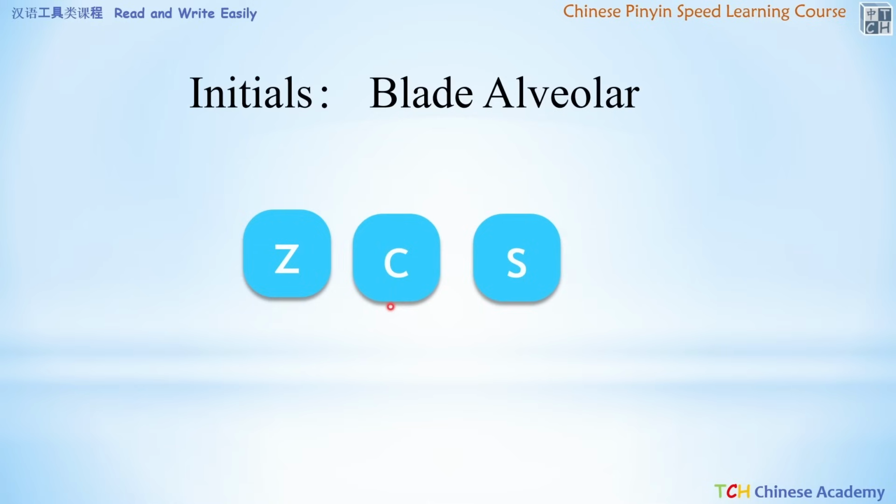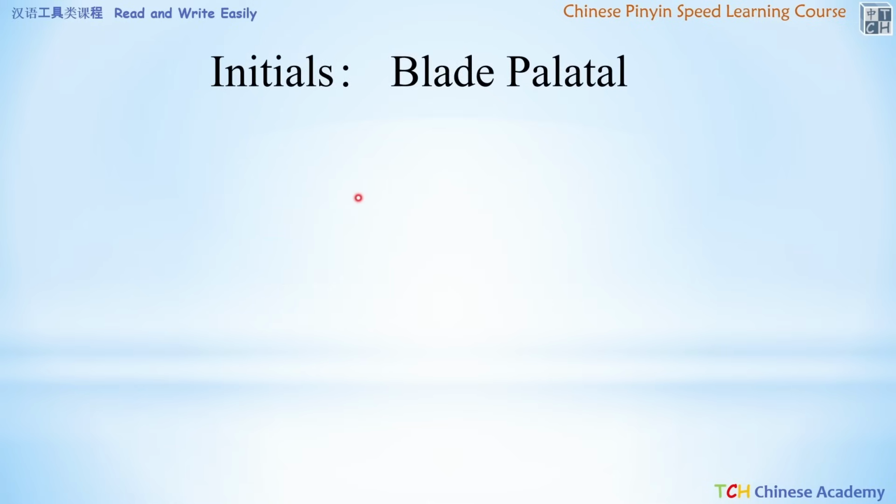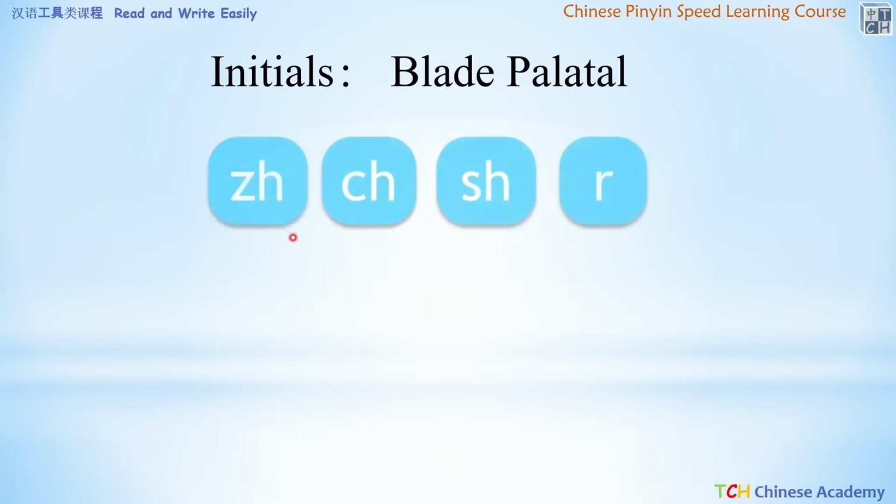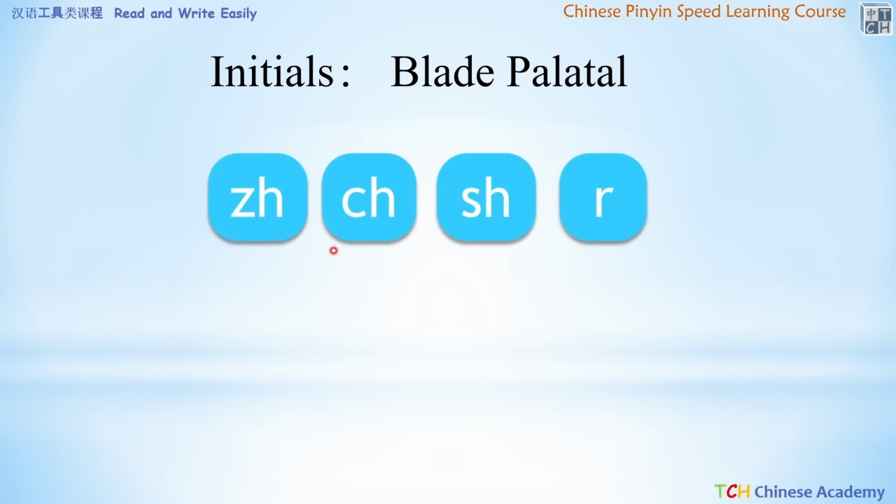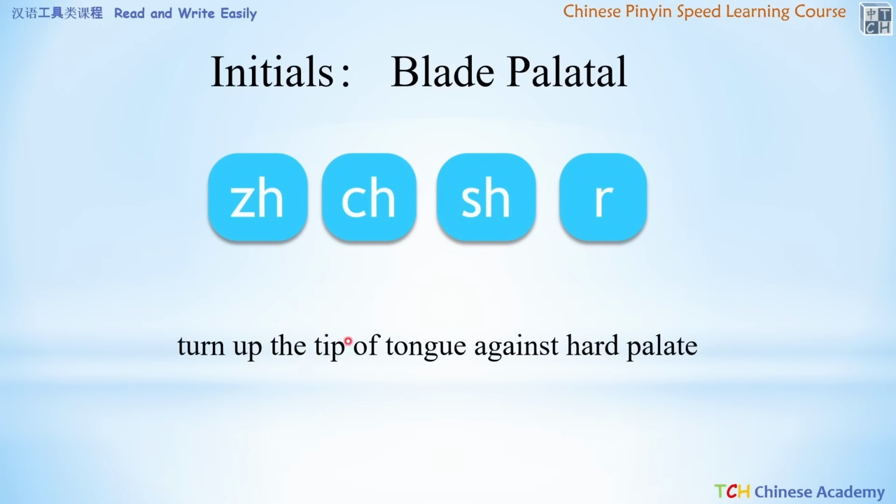Z, C, S. In this video, we are working on the blade palatal initials, and they are zh, ch, sh, r. We group them together as blade palatal because when we pronounce them, we need to turn up the tip of the tongue against the hard palate, which means you need to roll your tongue.